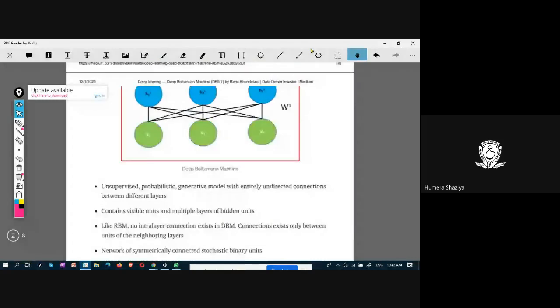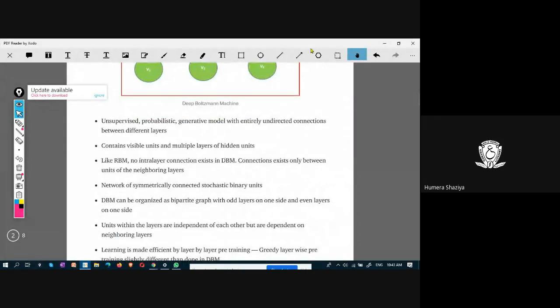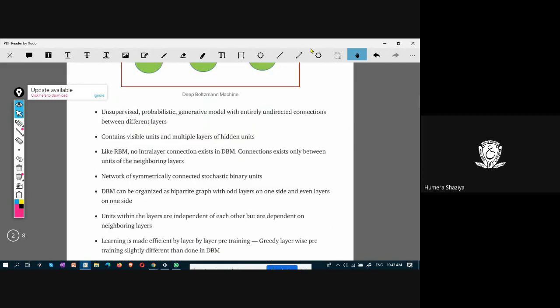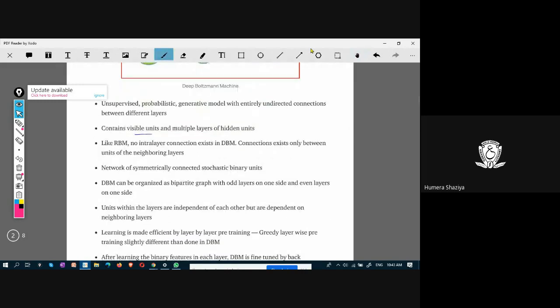These are the important points of this DBM. It's an unsupervised probabilistic generative model with entirely undirected connections between the layers. See, these connections are undirected, and this contains visible units and multiple layers of hidden units. In RBM, we have only one layer of hidden units.